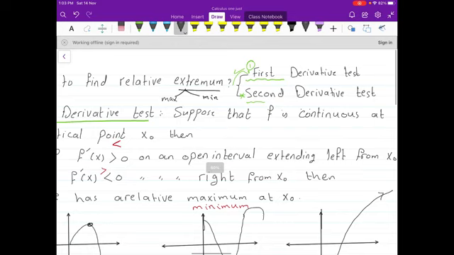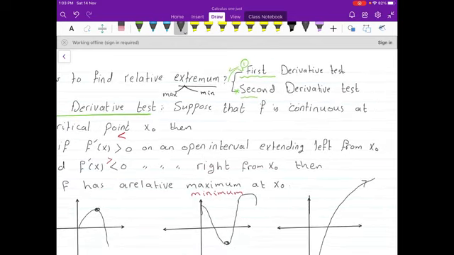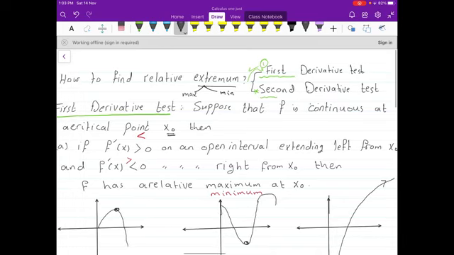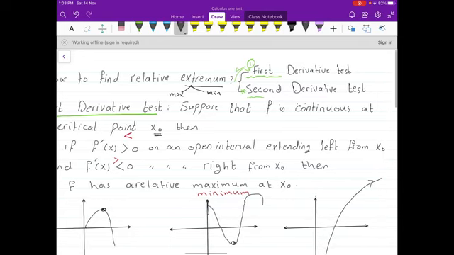Suppose that f is continuous at a critical point x naught. If f prime(x) is positive on an open interval extending left from x naught and f prime(x) is negative on an open interval extending right from x naught, then f has relative maximum at x naught. شو معنى هذا الكلام؟ That mean هاي x naught هاي sign f prime.